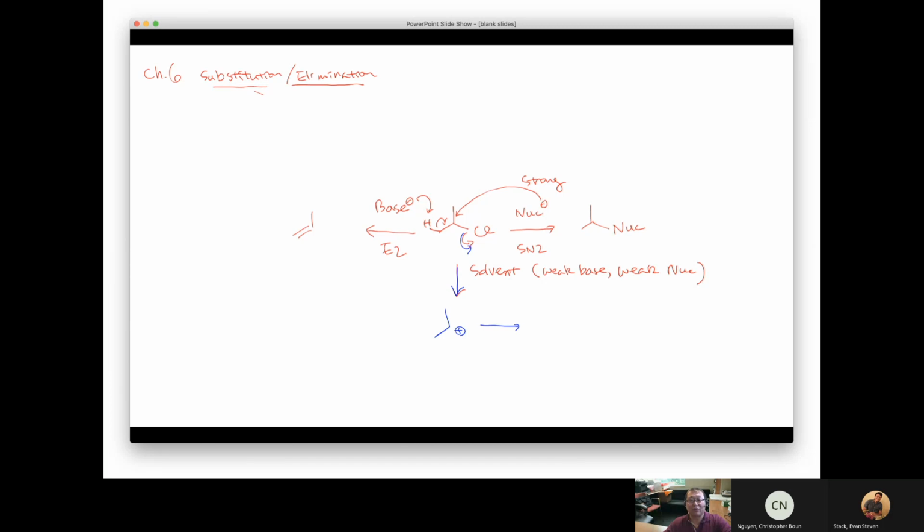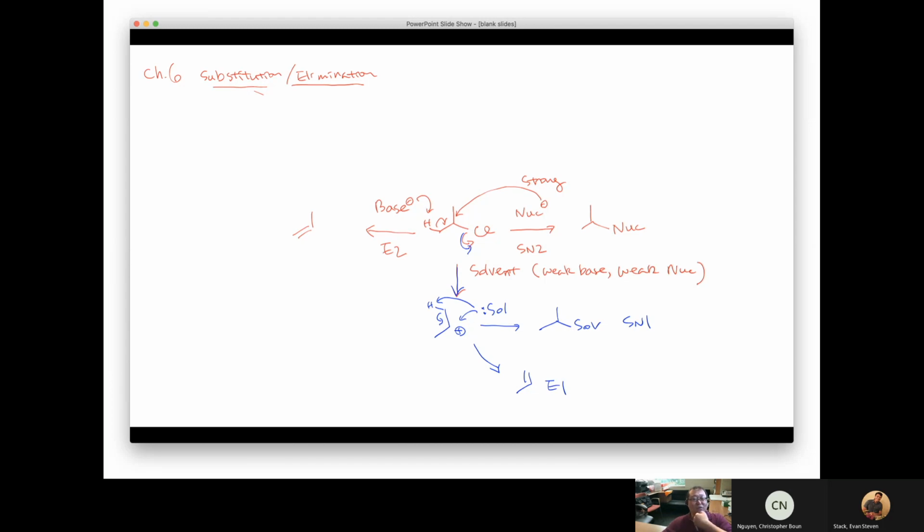The solvent molecule, I'm just going to draw solvent here, if it has a lone pair, captures it, then we're going to have a solvent molecule sitting on there. That's basically an SN1 reaction. If the solvent molecule acts as a base and picks up the hydrogen on the adjacent carbon, then that goes for the elimination reaction, and we call it the E1 elimination reaction, right?